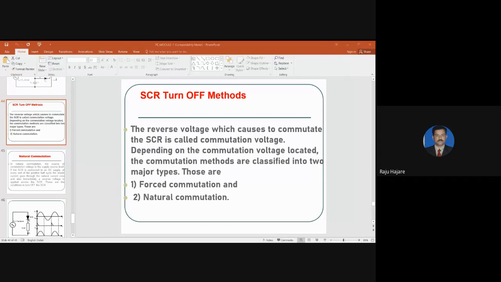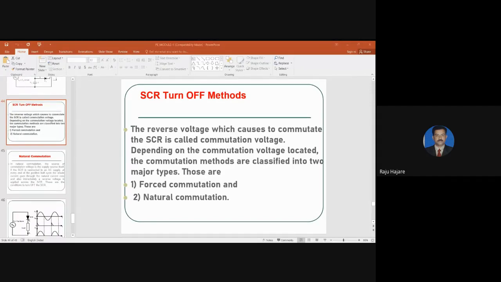So you have 7 minutes. You can answer any four methods of turning on an SCR. I have posted a simple question in the question part of Google Classwork. Just go there and answer in short, 3 lines for each method.